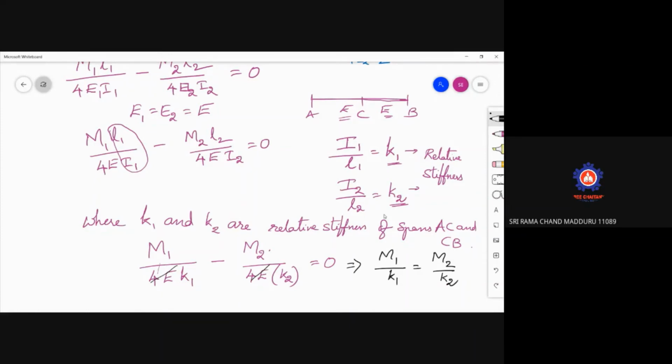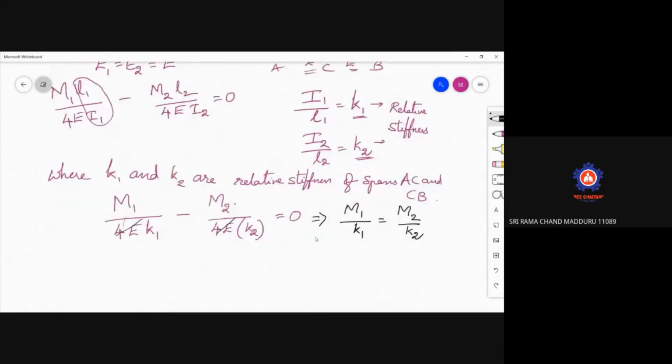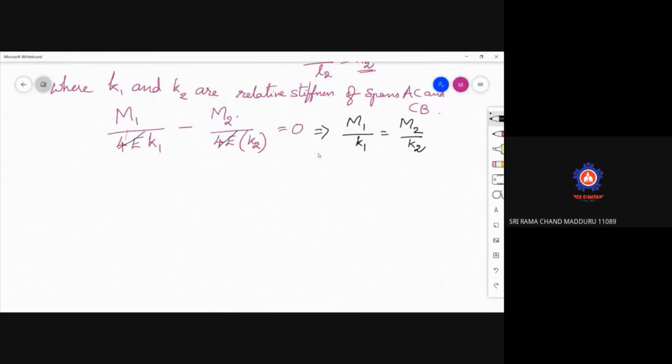So M1 by M2 is equal to K1 by K2. Keep it like that.